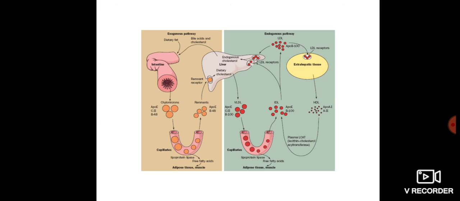So here I am going to give you a brief insight into LDL endocytosis, which undergoes receptor mediated endocytosis. LDL is nothing but low density lipoprotein, which is transported within the blood. This LDL is formed at the liver and transported to the adipocytes.